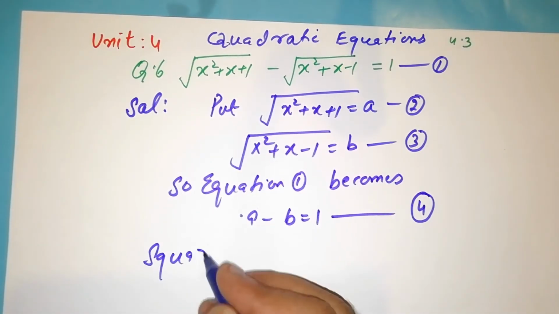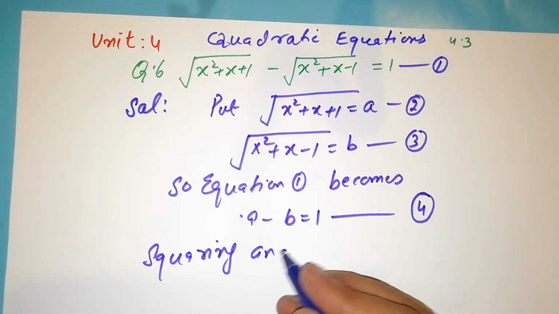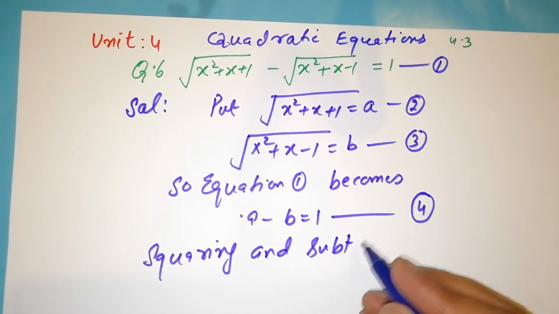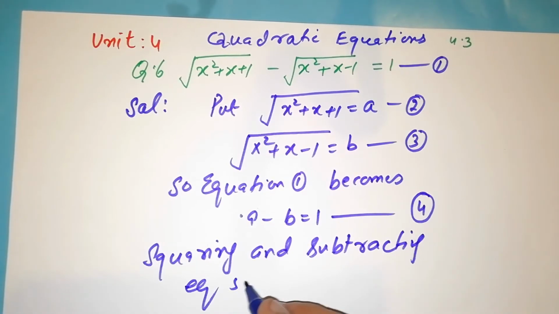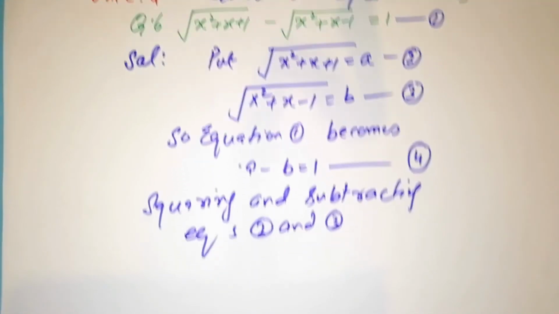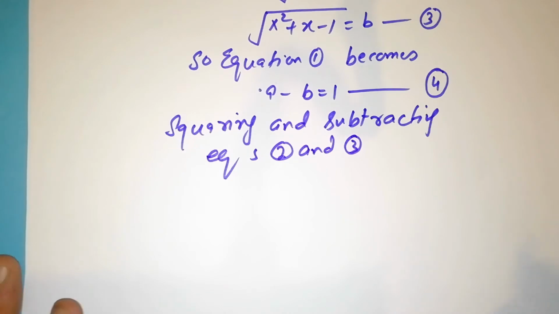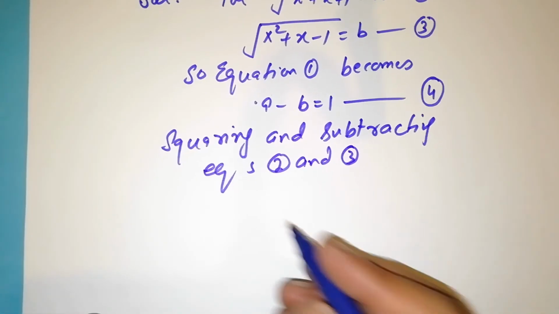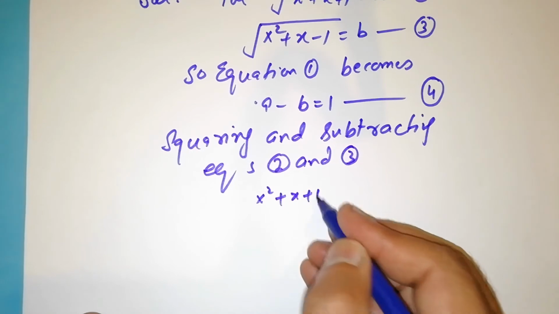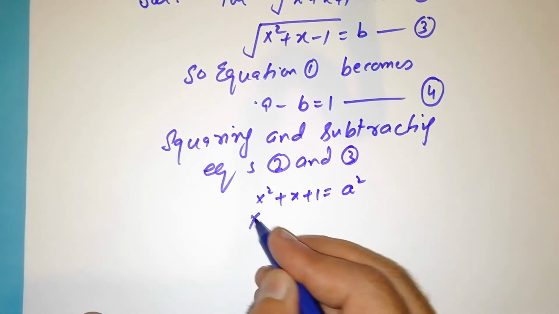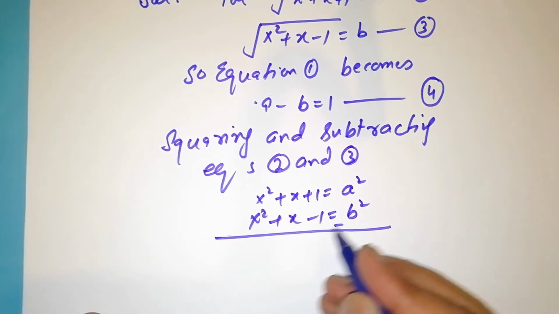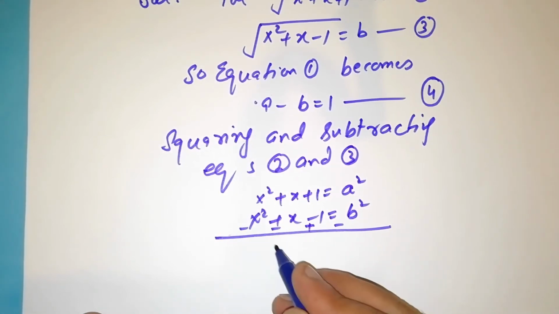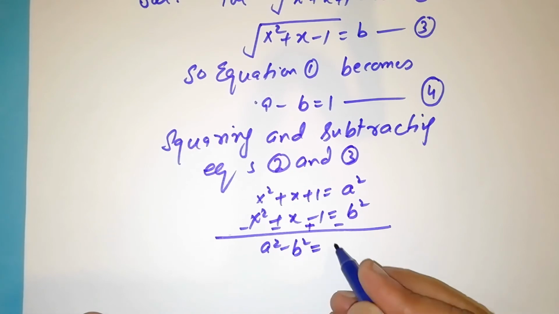Squaring and subtracting equations 2 and 3, which means x square plus x plus 1 is equal to A square, and x square plus x minus 1 is equal to B square. Now we subtract these two terms, so we have A square minus B square equal to 2.